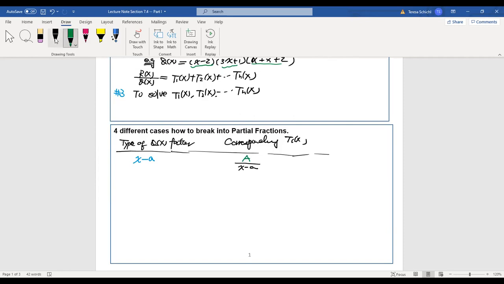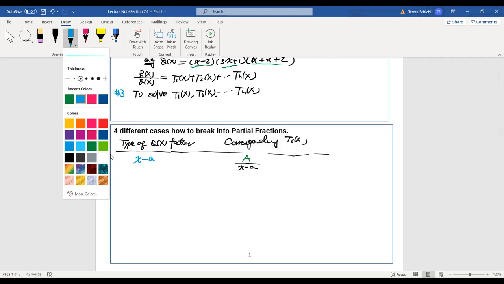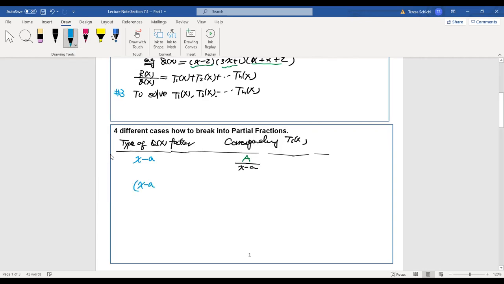How about after you factor? So the second case is, if you factor the x minus a to some type of power, could it be the third power, fourth power, then you will need to break it into what we mean by partial fractions here.